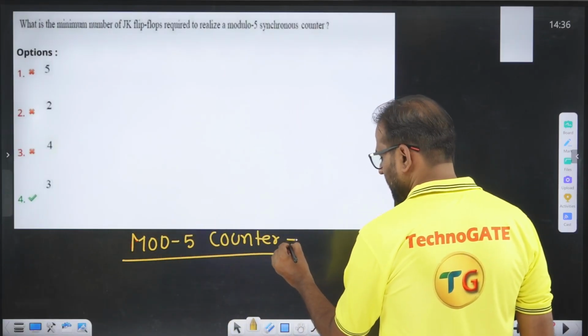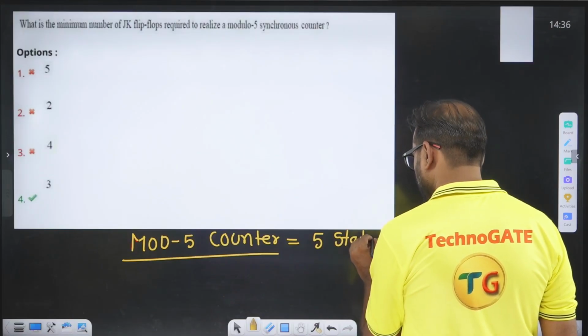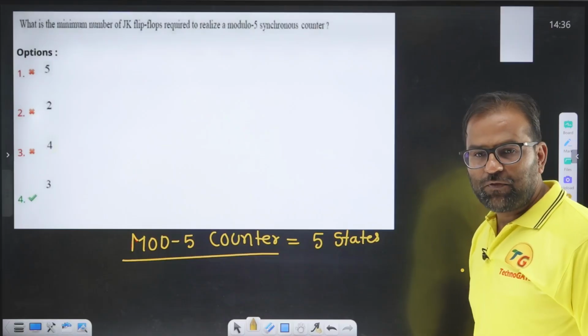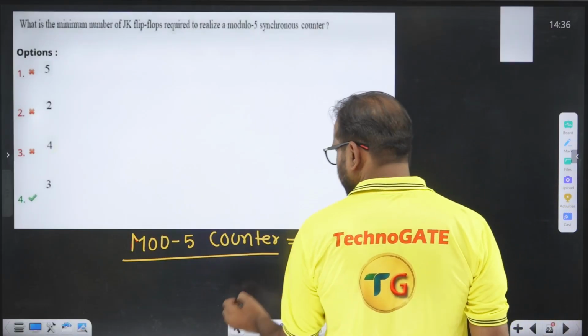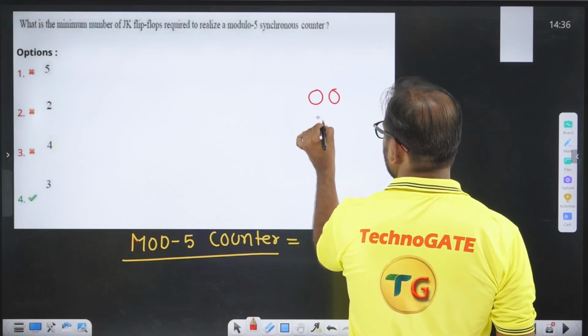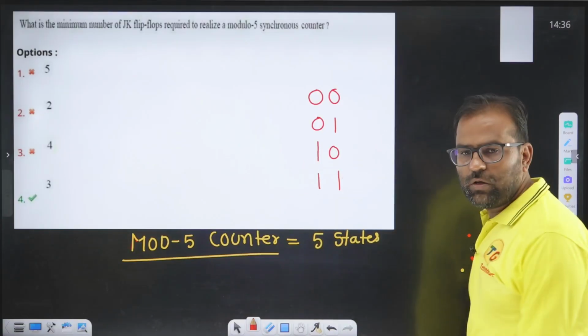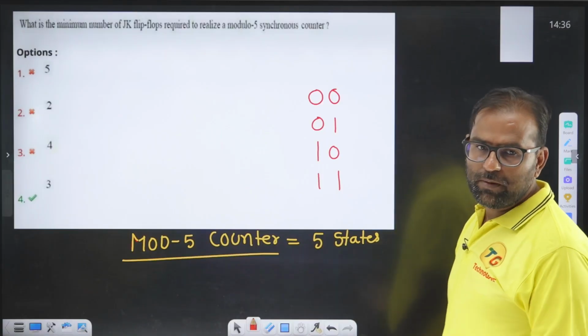Mod 5 counter means it will count 5 states. But if you take, let's say, 2 bits, how many states can 2 bits count? 2 bits can count 00, 01, 10, 11. It can count only up to 4 states, so this cannot be a mod 5 counter.